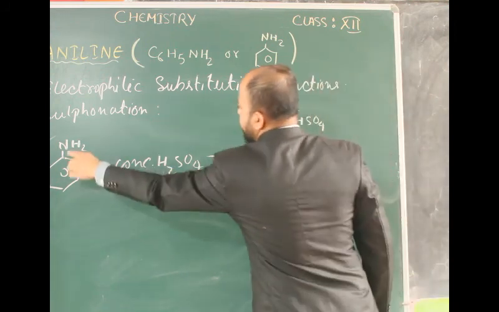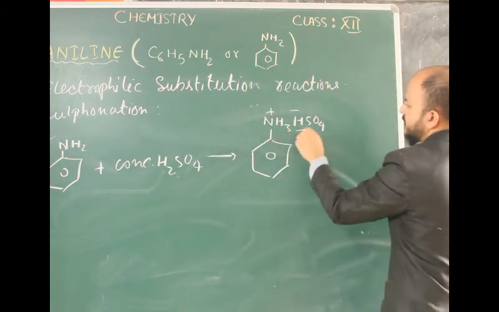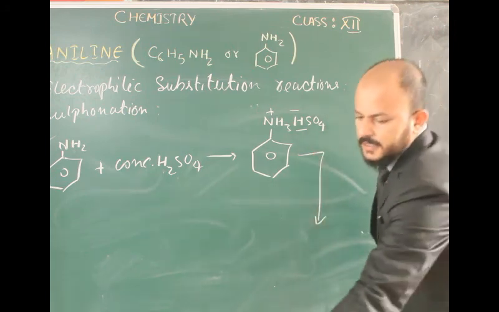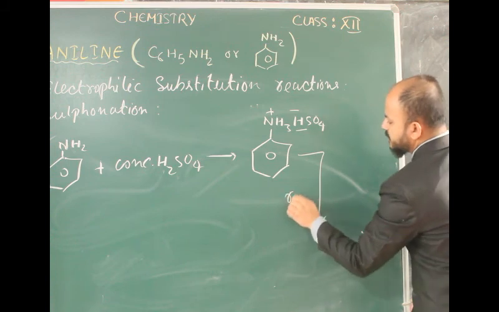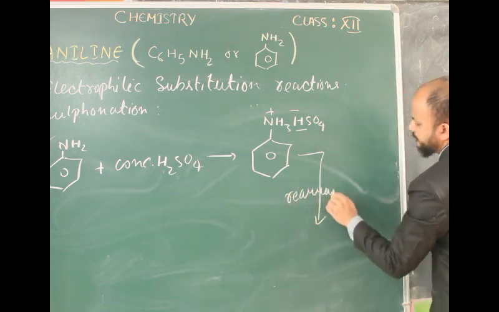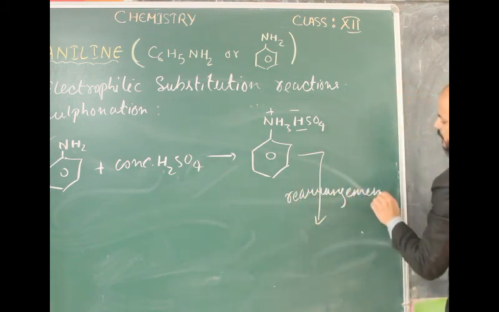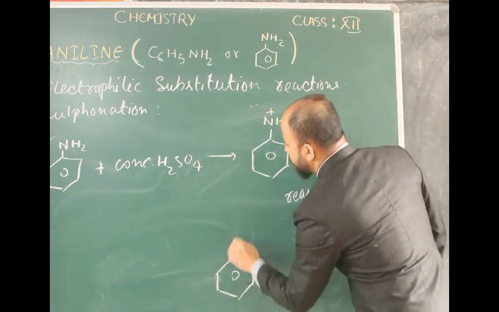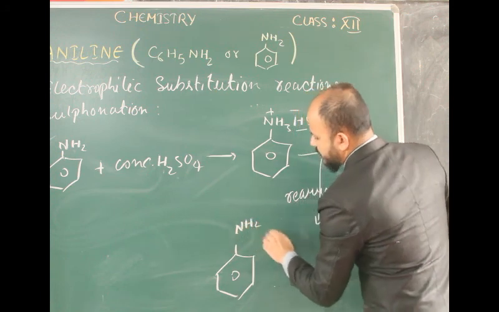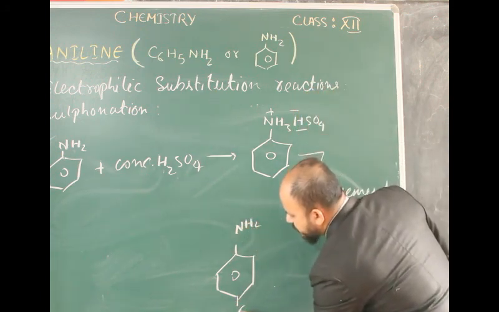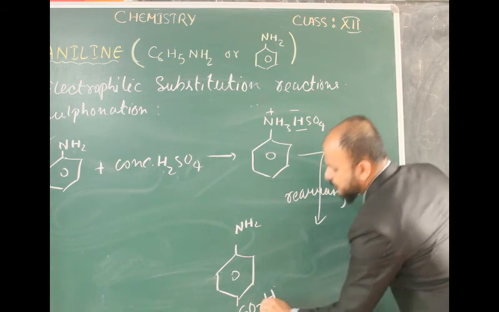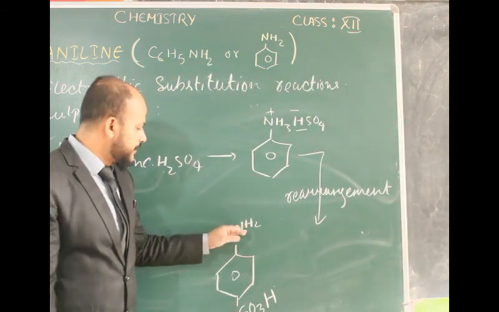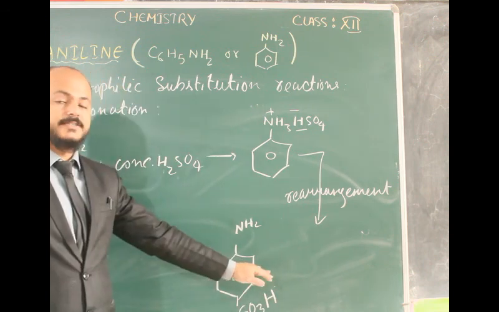Then you heat it, and rearrangement will take place. You have to be very careful here: you have NH2, and you obtain the para-substituted product, that is SO3H. So you get para-amino sulfonic acid as the only product.